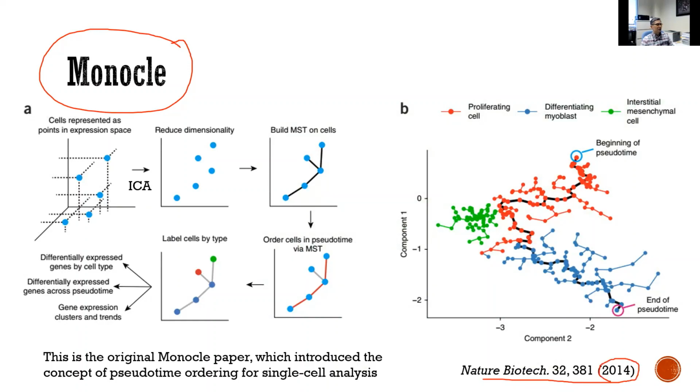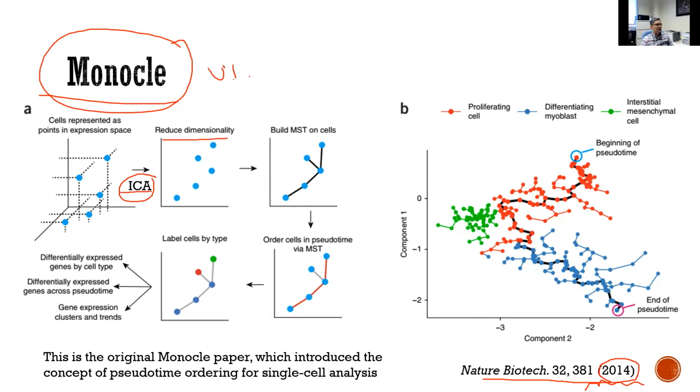It's called Monocle. That's version 1 of Monocle. It's pretty early. At that time, there were very few single-cell studies. In this first version of Monocle, they use ICA, which is another dimension reduction method.